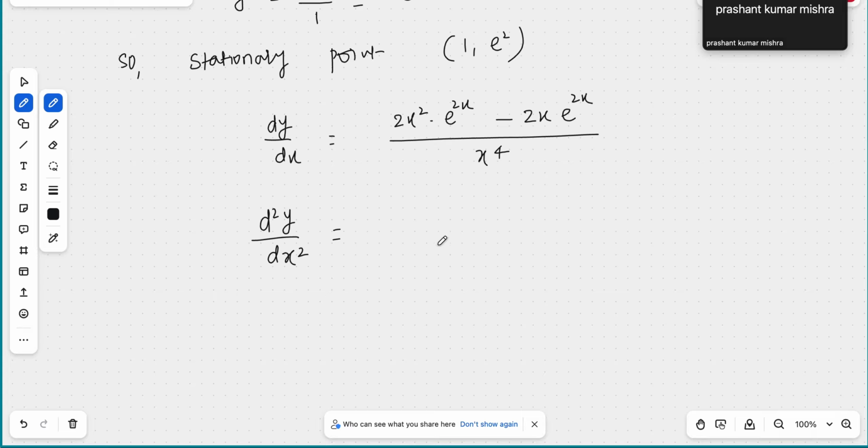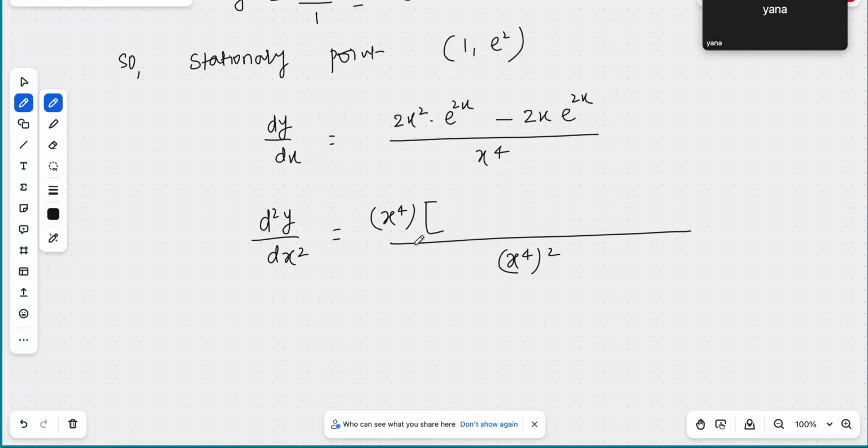Now for the second derivative, d2y over dx square, the same concept: square the denominator. We will take the denominator out and the derivative of the numerator. If we do the derivative of the numerator, what will it generate?